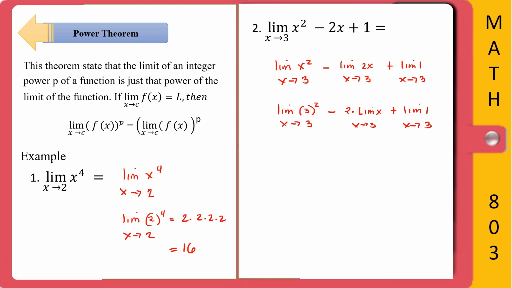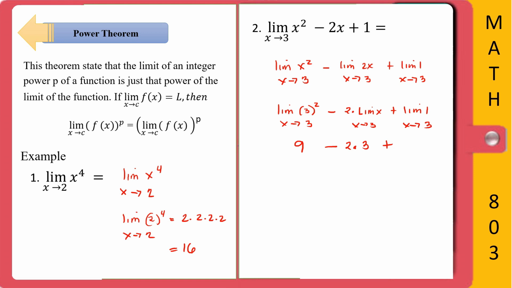Now, the limit of 3 squared as x approaches 3 becomes 9. And then we have 2 multiplied by the limit of x as x approaches 3, which becomes 3, plus the limit of 1 as x approaches 3, which is 1.